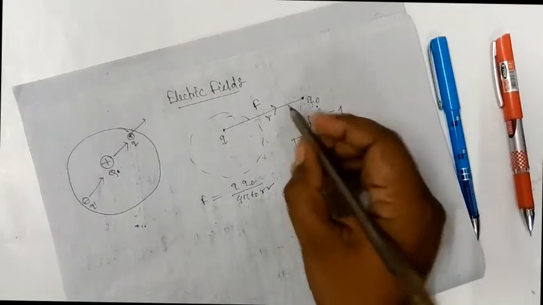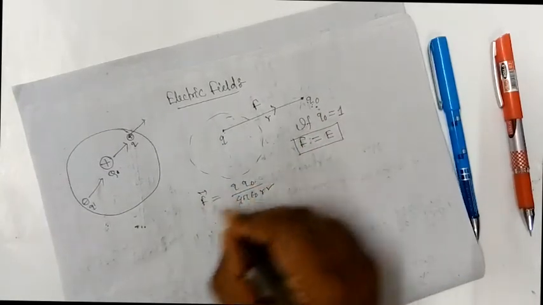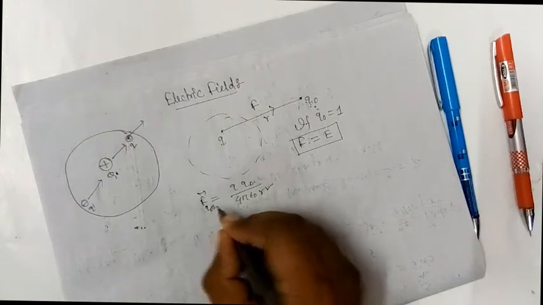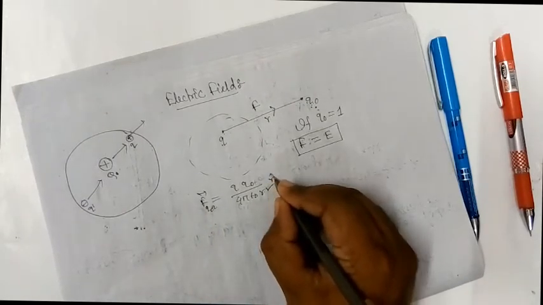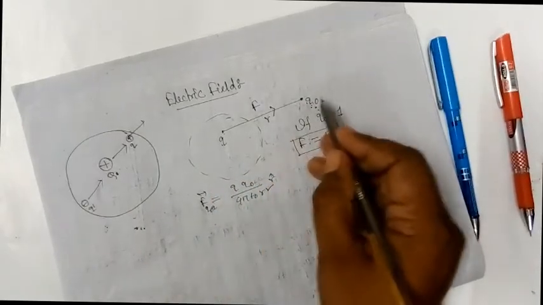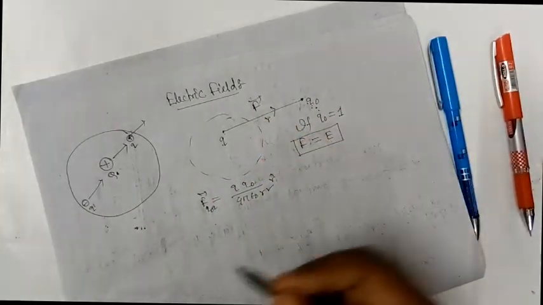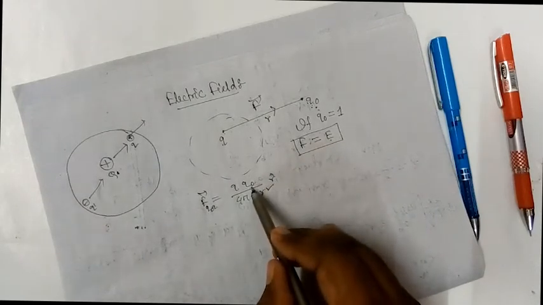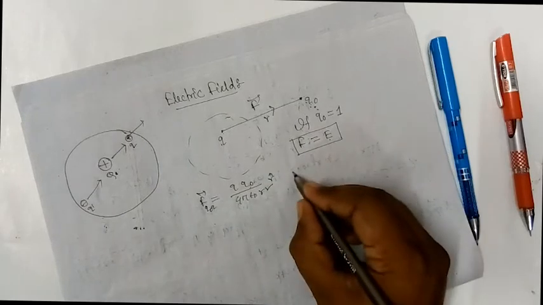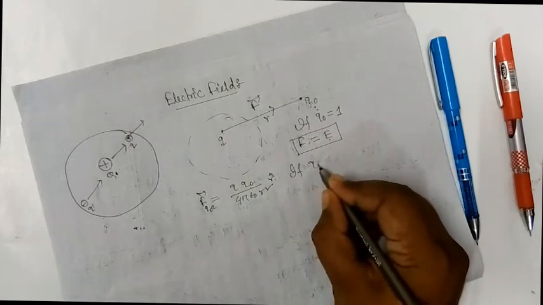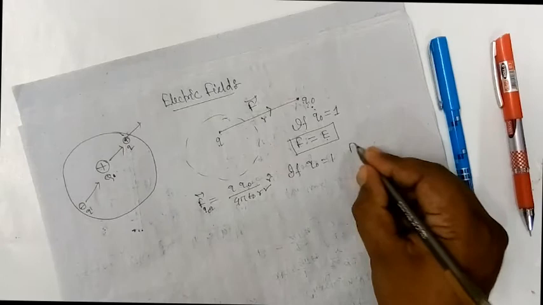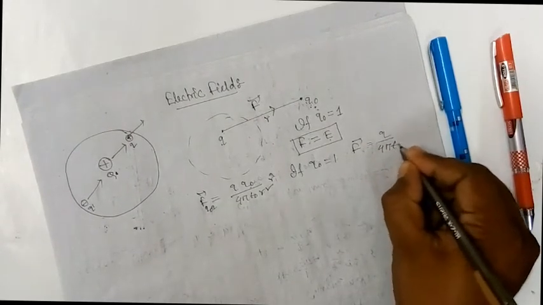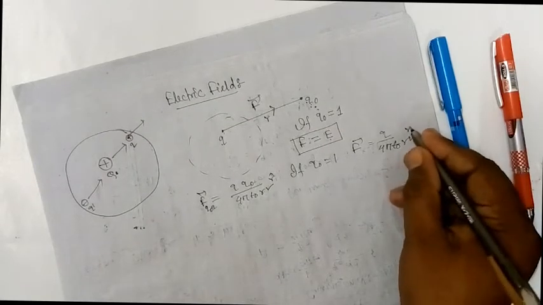If I want to show the force, it is force by Q on Q naught, and it should be along r cap, because it will repel in this direction. Now if I want to find out E, I have to put Q naught equals to 1. Then F should be Q by 4 pi epsilon naught r square r cap.